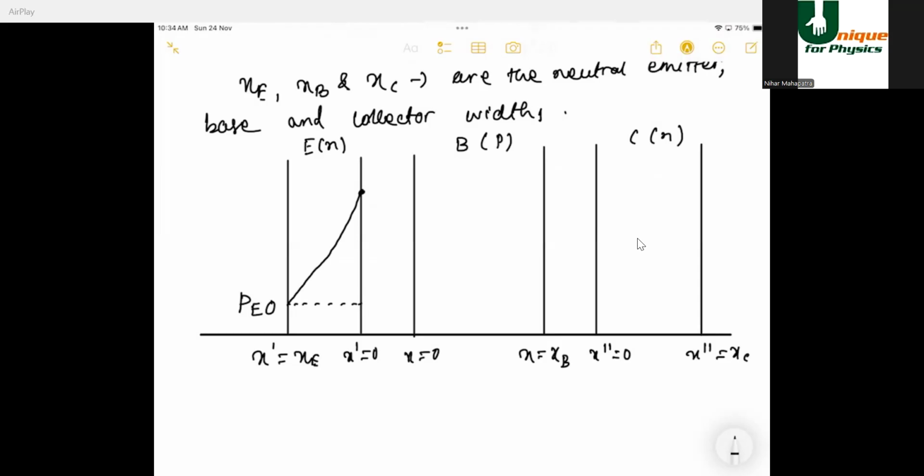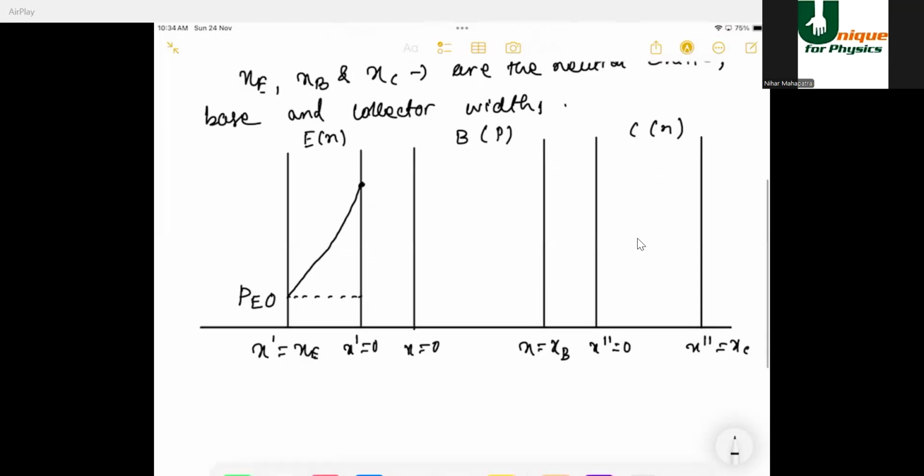Let us define this function, PE, the hole concentration in the emitter region, as a function of x dash, that gives us how the minority charge carrier is varying in the emitter region.